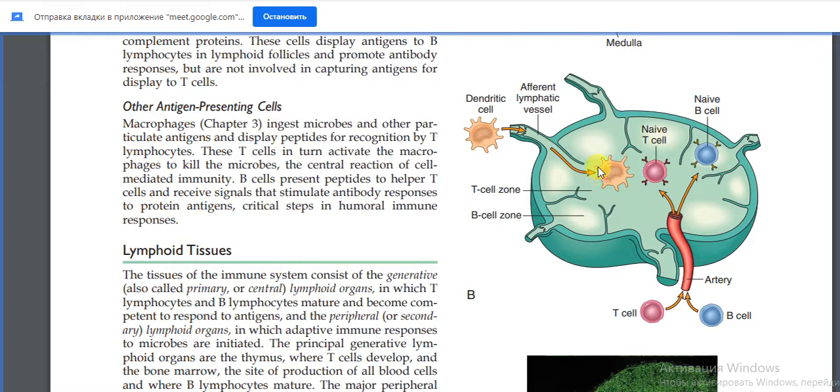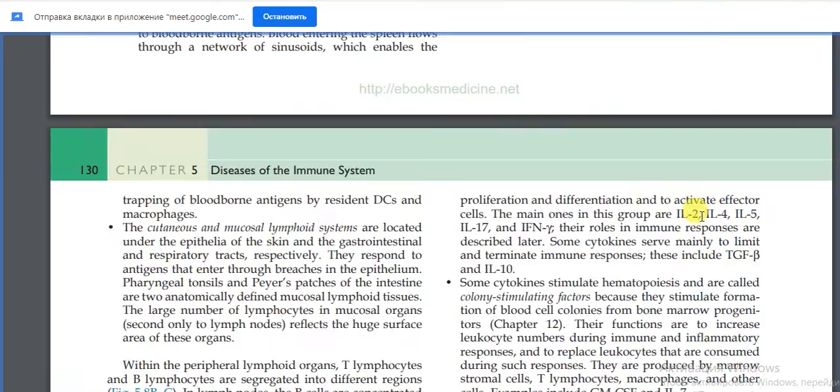Then, with the antigen on its surface, it meets the naive T cell, captured from the artery, and teaches the naive cell to differentiate the antigen which the dendritic cell found in the interstitial space. So we have a T cell zone and a B cell zone. In histology you discuss it well.